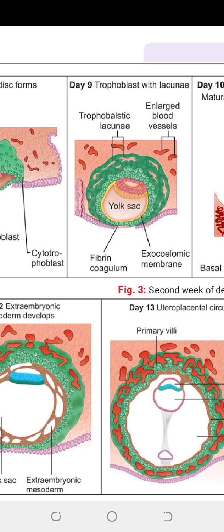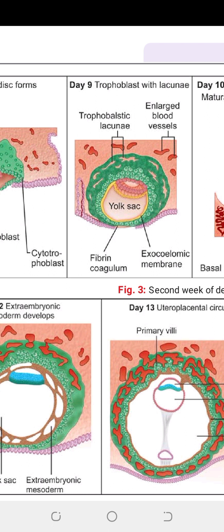The cytotrophoblast forms villi-like structures called chorion frondosum. This chorion frondosum forms the fetal side of the placenta, and the rest of the cytotrophoblast remains smooth and forms chorion laeve, or simply chorion.